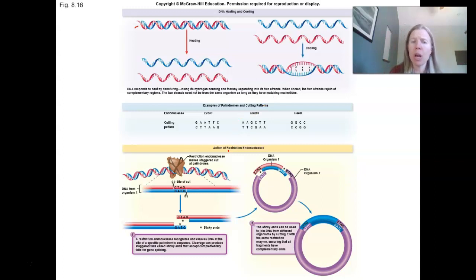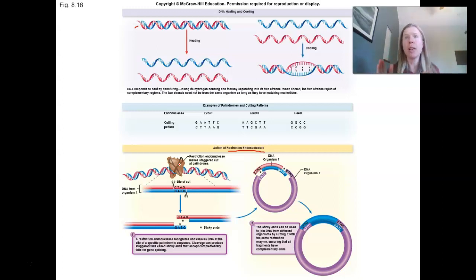We also use a huge set of enzymes, particularly ones called restriction endonucleases. I like this little picture here. That's exactly what they do. They act like a little pair of scissors. The restriction endonuclease is going to cut the DNA at a very specific spot.